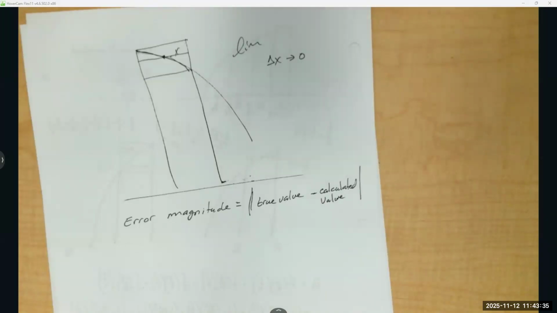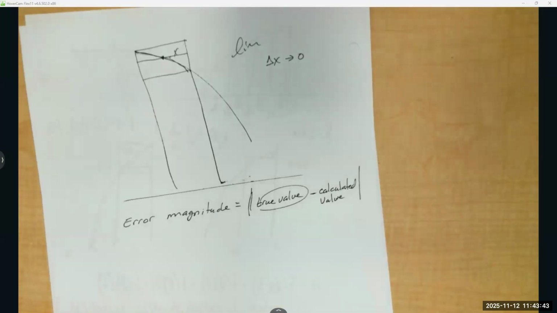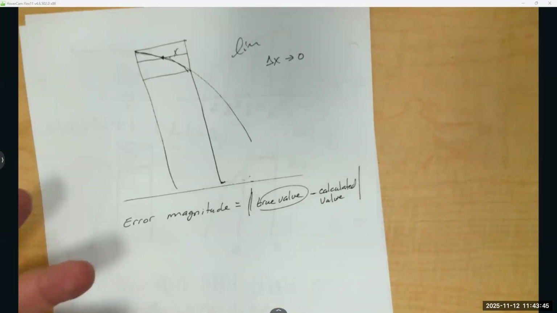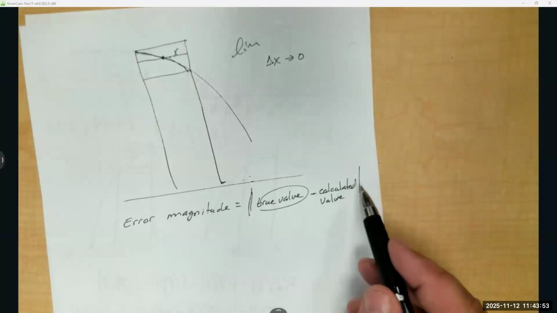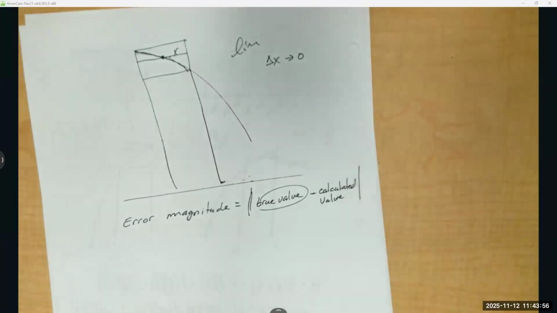Now, the problem is, do we know the true value? No. Unless we're given the true value of this area we're looking at, we can't really calculate this. The calculated value is what we did with any of those methods that we have.